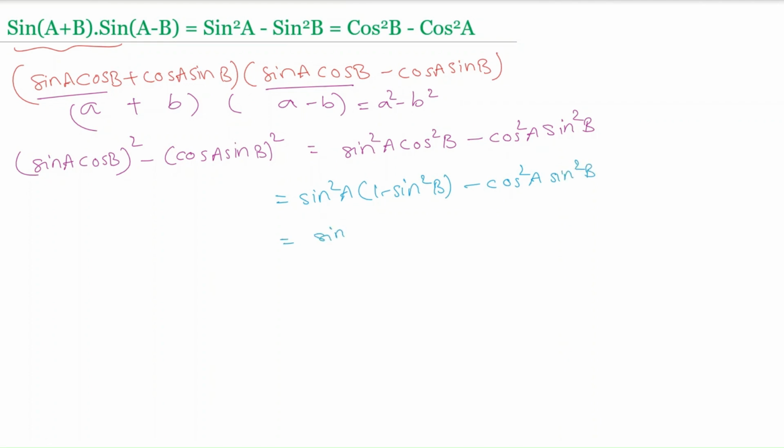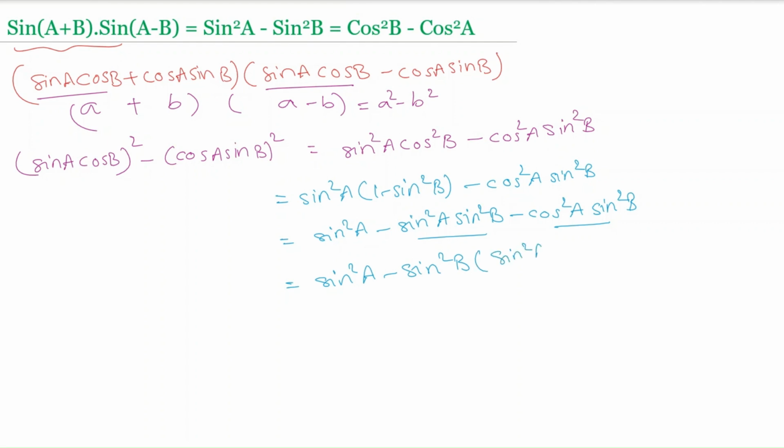It's sin square A into 1 is sin square A. Now sin square A into sin square B minus cos square A into sin square B. In both these terms we have sin square B. We'll take minus sin square B outside. So that makes minus sin square B of sin square A plus cos square A. Sin square A plus cos square A is nothing but 1. So this part will become 1. We have sin square A minus sin square B into 1 is sin square B. So here we have sin square A minus sin square B.